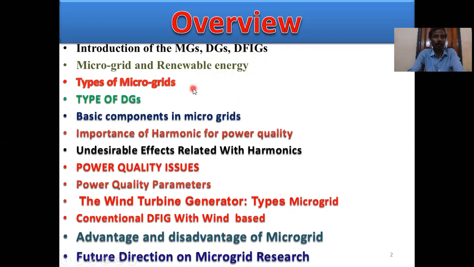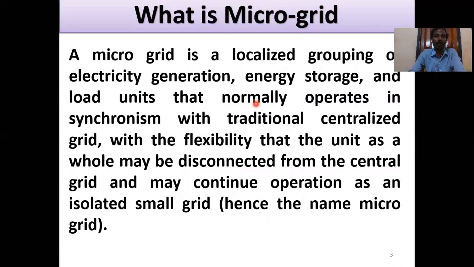Types of microgrids, types of DGs, basic components in microgrids, importance of harmonics for power quality, undesirable effects related with harmonics, power quality issues, power quality parameters, the wind turbine generator types in microgrid, conventional DFIG with wind-based, advantages and disadvantages of microgrids, future direction of microgrids. This is our overview. So next, what is a microgrid?